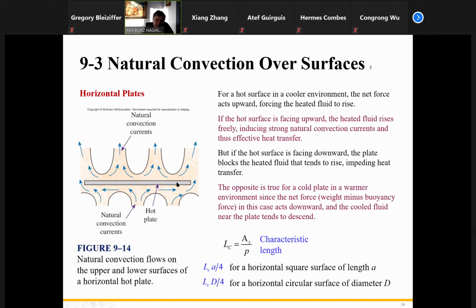That causes the air right here to get warmer and move up. If the hot surface is facing upward, the air comes here, gets hot, and wants to move up, and there is no restriction, so it keeps going up.